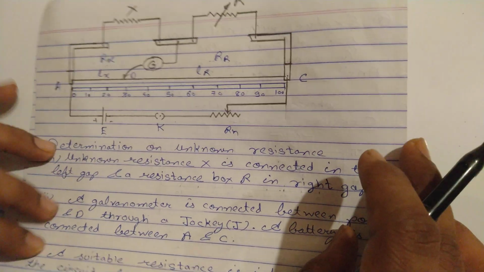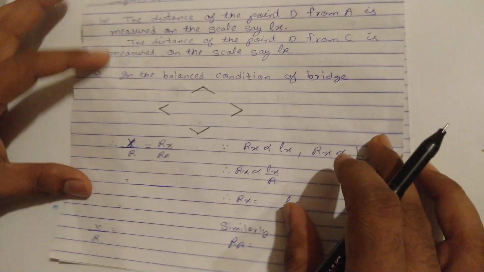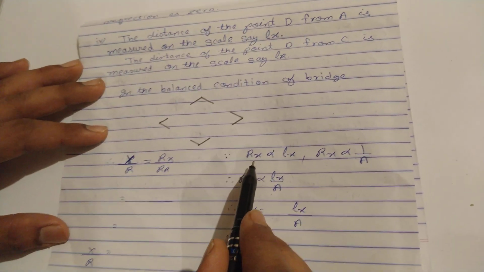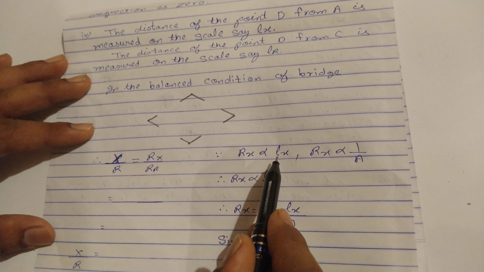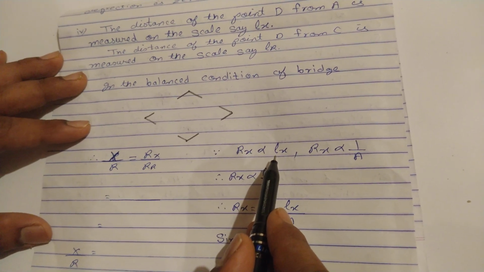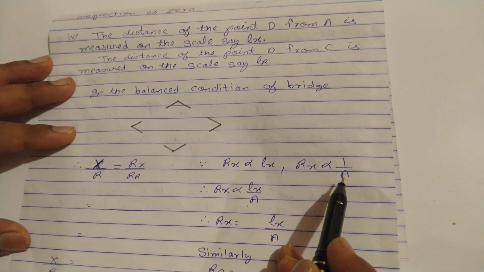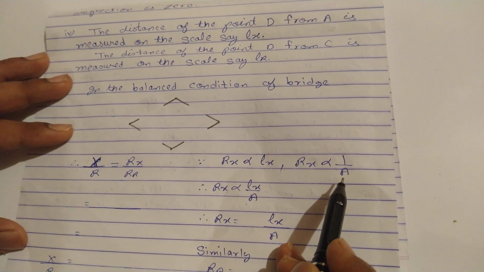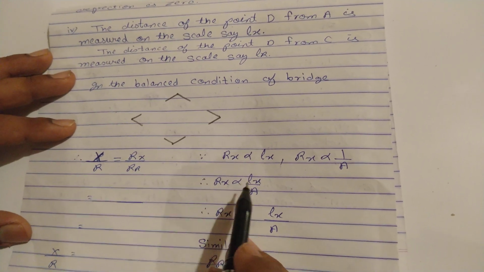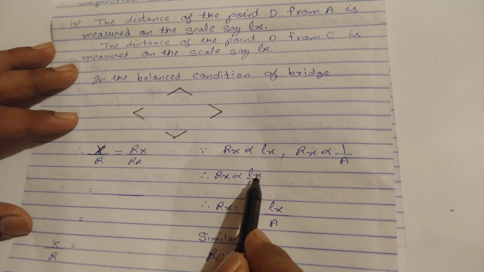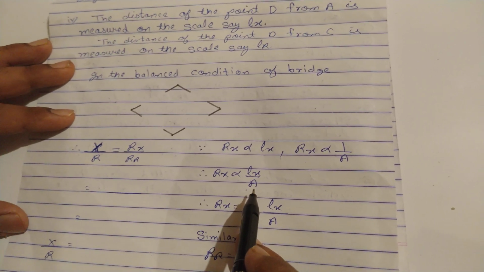According to the law of resistance, resistance is directly proportional to length and inversely proportional to the area of the wire.